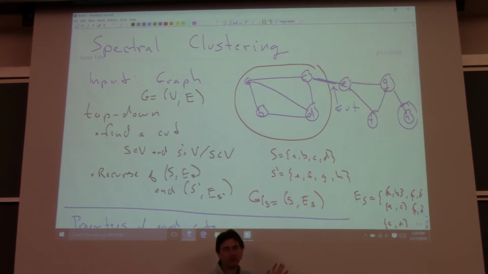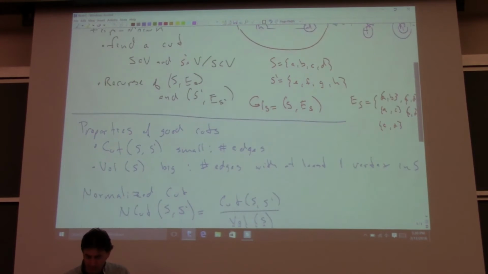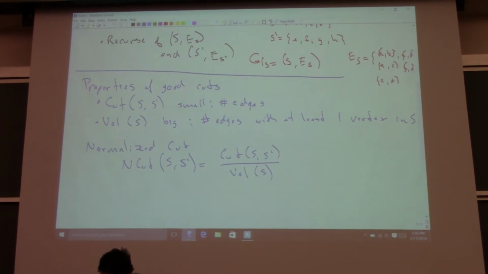So I could have the volume very big for S. I need the volume to be big both on S and S prime. So what you write is the cut of S prime over the volume of S prime. Okay, so I need the volume to be big on both sides.